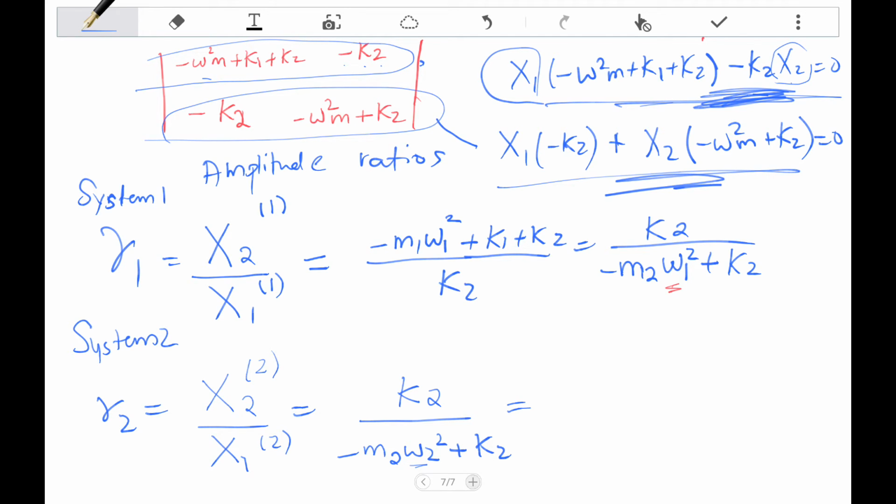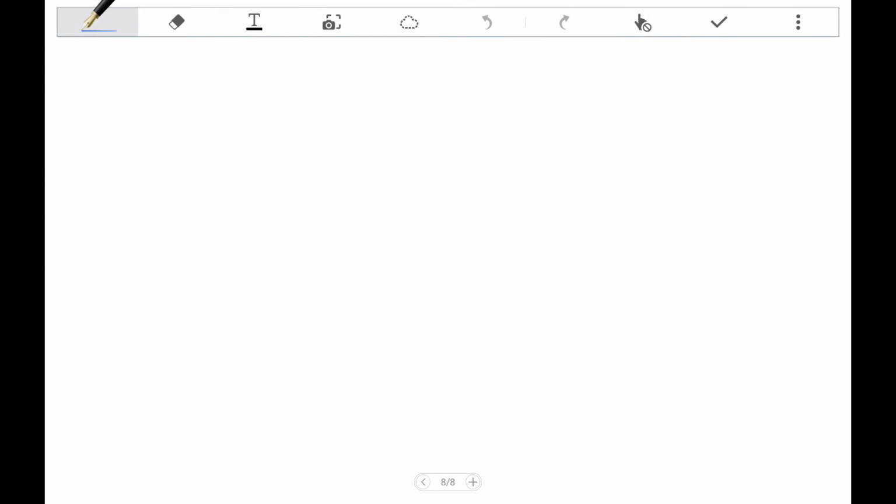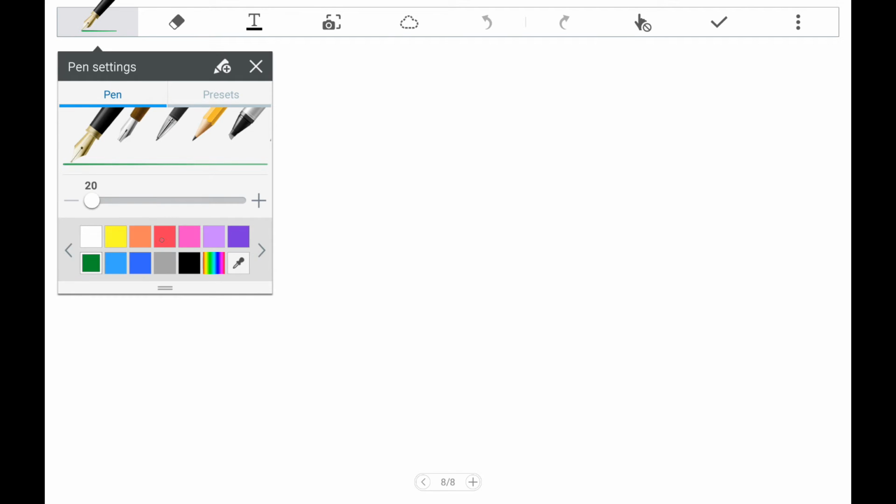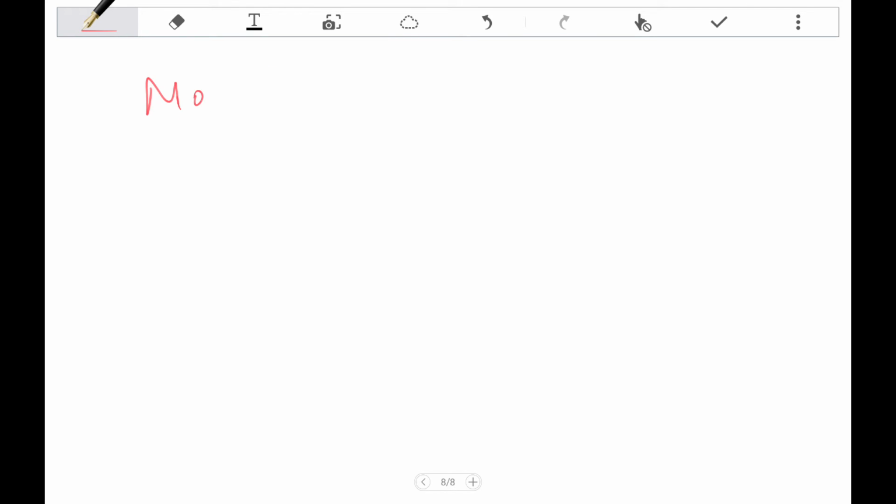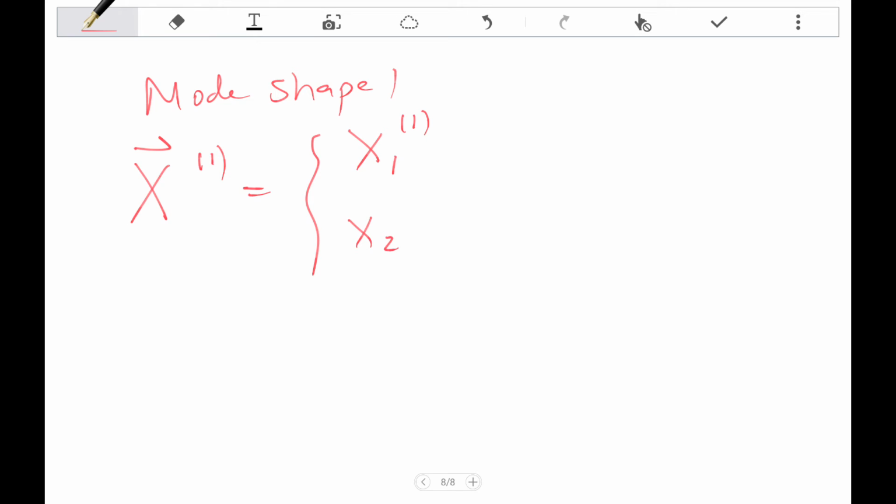And then this is what your mode shape will be. You will end up with mode shape 1, which is for system 1, that's going to be x1, x2, and that's going to be x1.